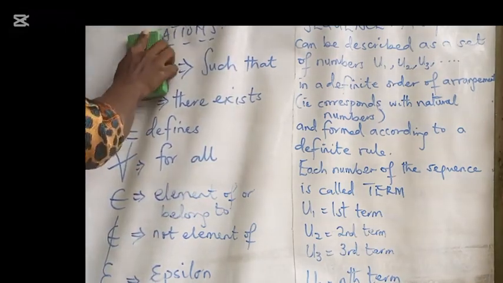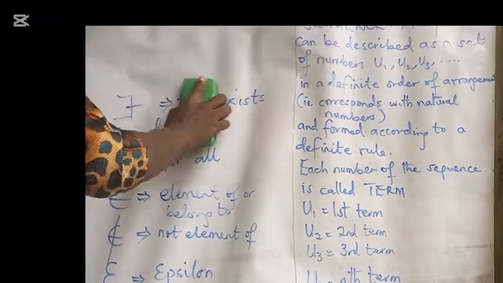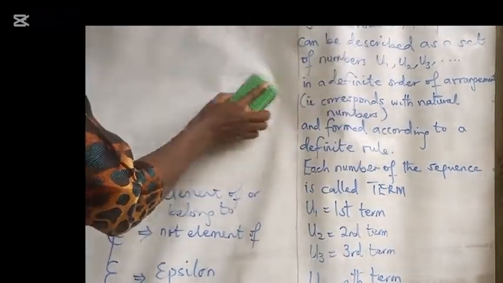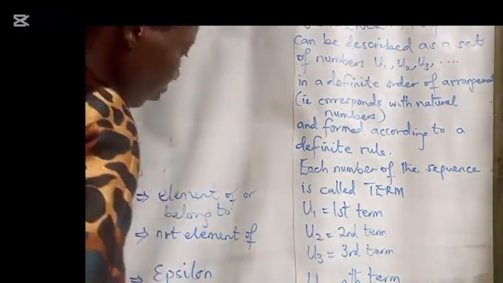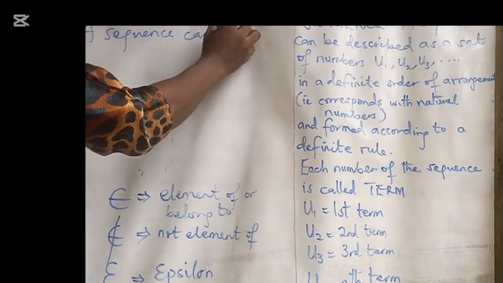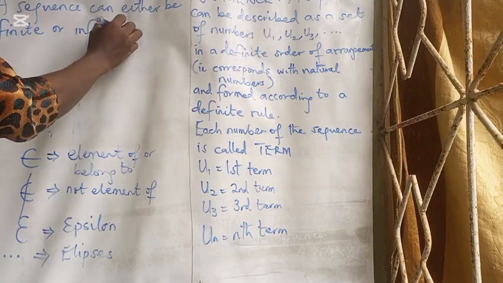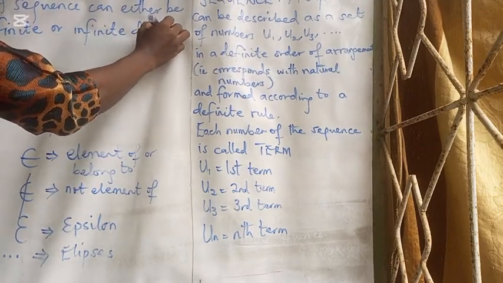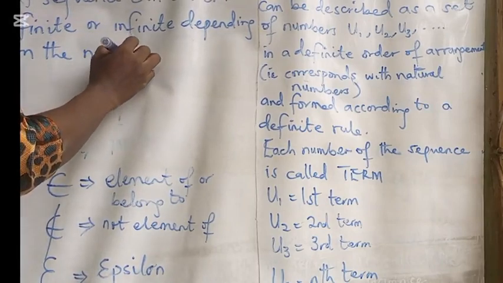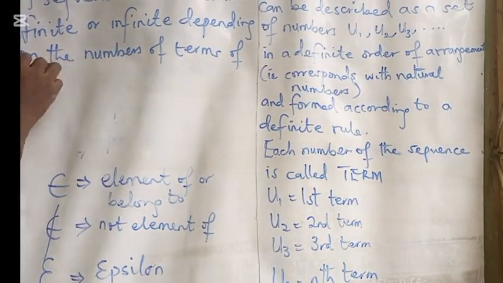A sequence can either be finite or infinite depending on the number of terms in the sequence.